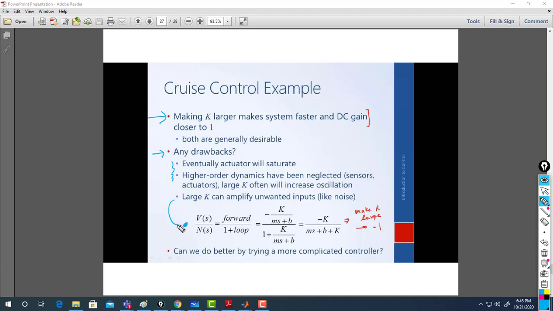This one we validated in simulation. Now, the system being faster and the DC gain closer to 1, we saw in simulation, but I want to show you in theory how we reach there.